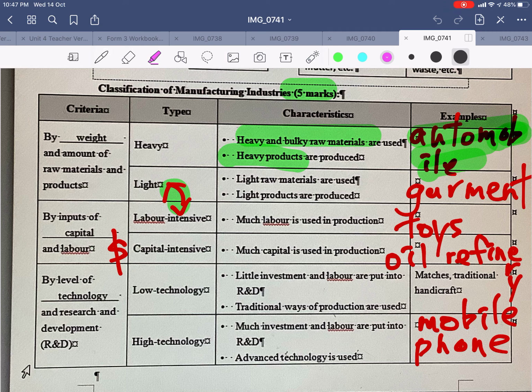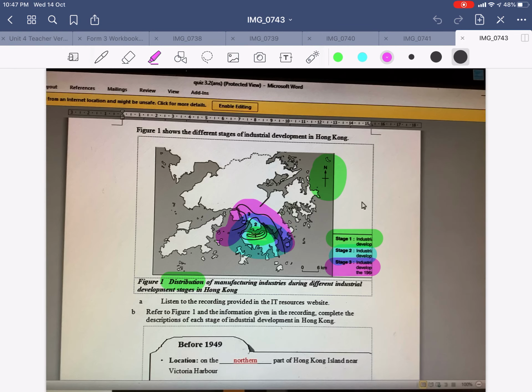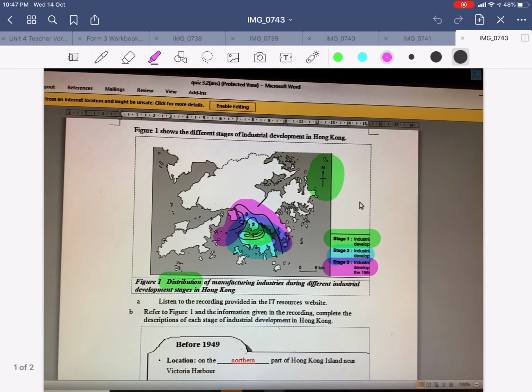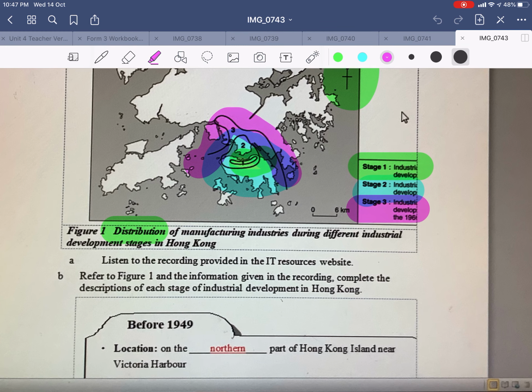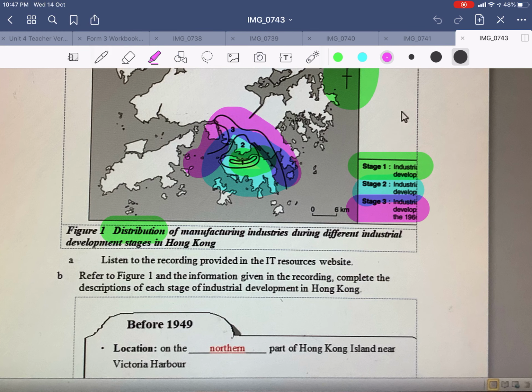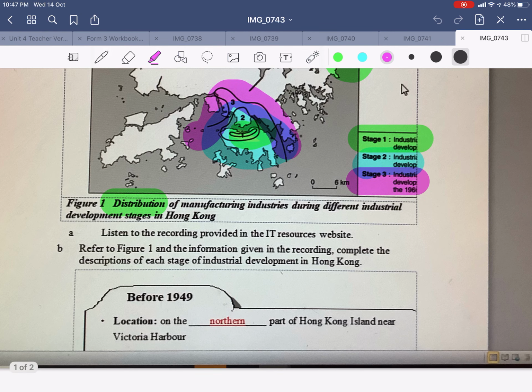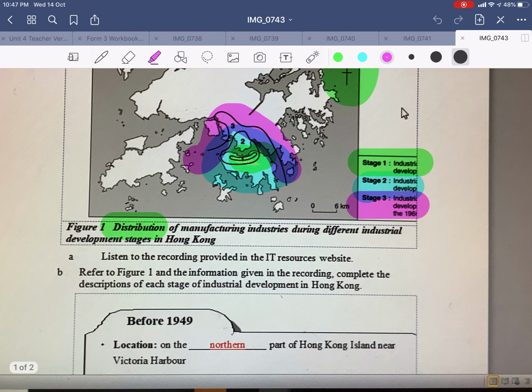Okay, this is the end of 3.1, and I will talk about 3.2 with you. 3.2 has stage 1, stage 2, and stage 3. Stage 1 is talking about the industry before 1949.